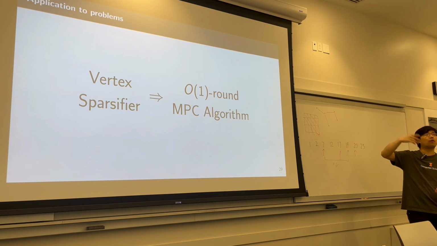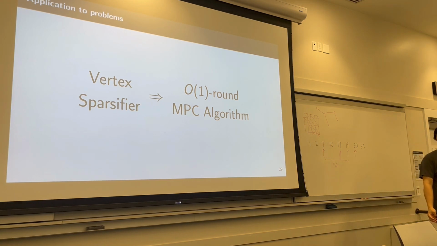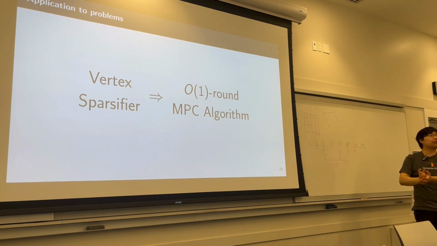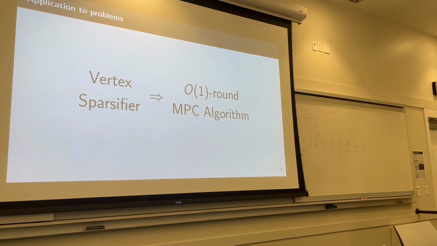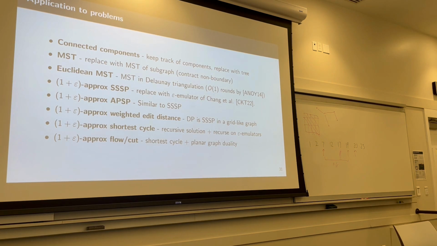For problems involving distances, you can compute what's called a 1 plus epsilon emulator. And so an emulator also preserves planarity and also has size proportional to the boundary. So if you have some sort of planar vertex sparsifier, then you can get an order 1 round MPC algorithm for all these problems here.